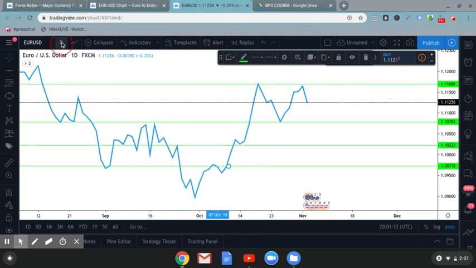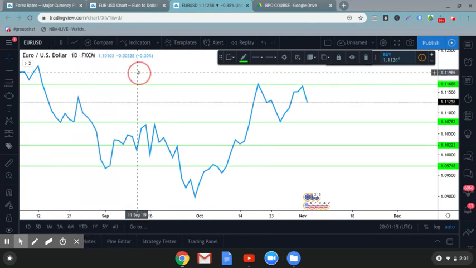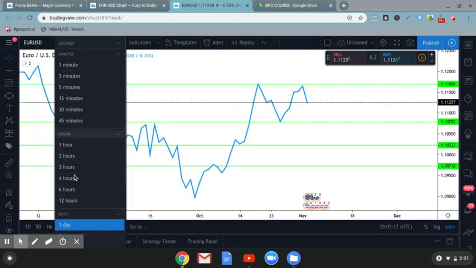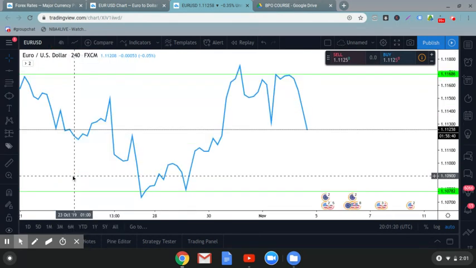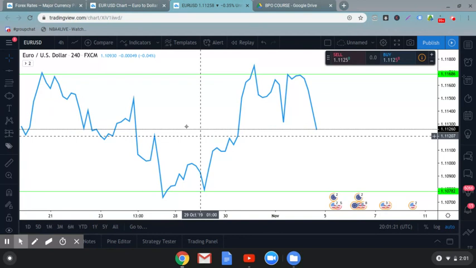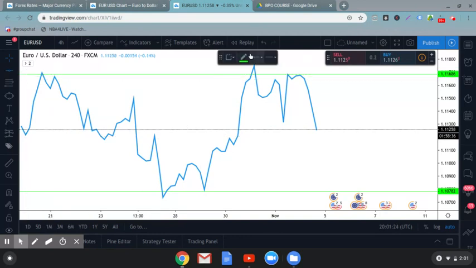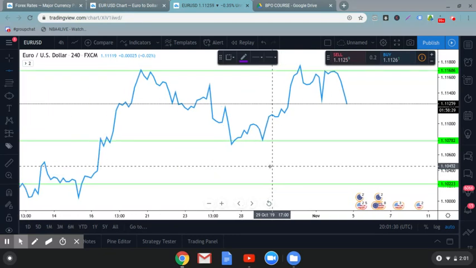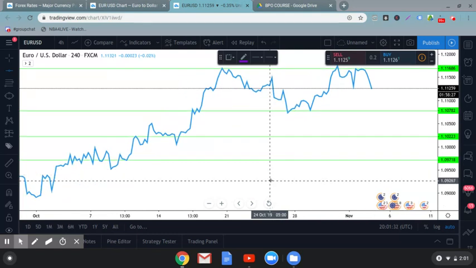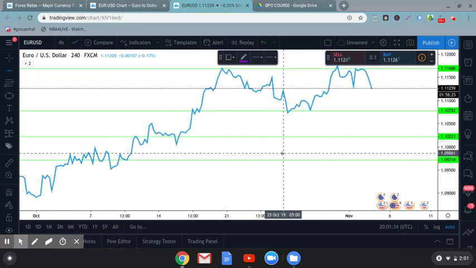And then when you switch to the 4 hour, things do change a little bit, right? You can switch to your purple, and then just start marking up here on the 4 hour.